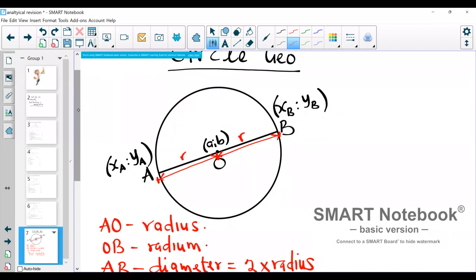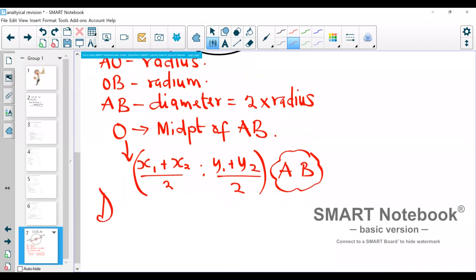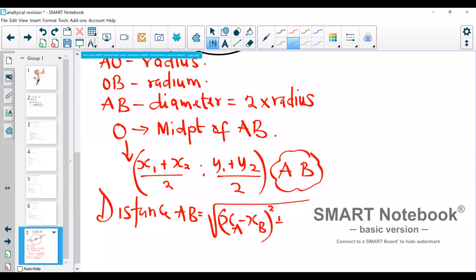And to calculate AB, we use the distance formula. It will be equal to the square root of, if you've been following us, XA minus XB squared plus YA minus YB all squared.